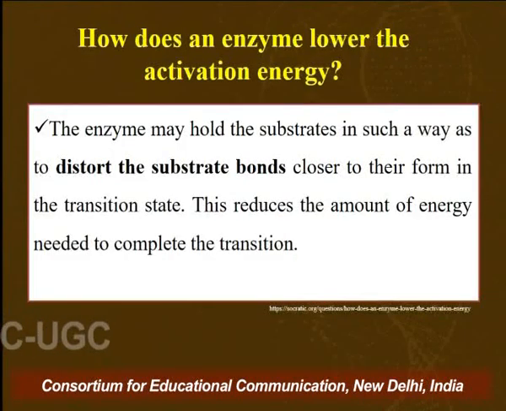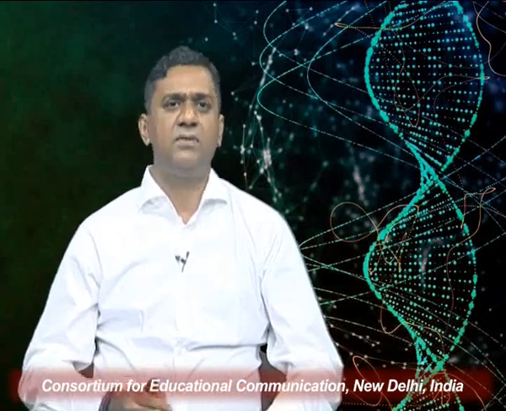There are various reasons for this. Firstly, the activation energy is lowered because of the reduction of the amount of energy needed to complete the transition, and the orientation also plays a very important role. So in this part of the discussion, we discussed what exactly enzymes are, the definition of enzymes, and then we discussed the two important model systems, the Koshland model system, which is the induced fit, and the lock and key model system.